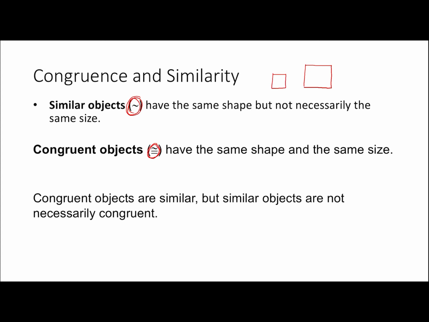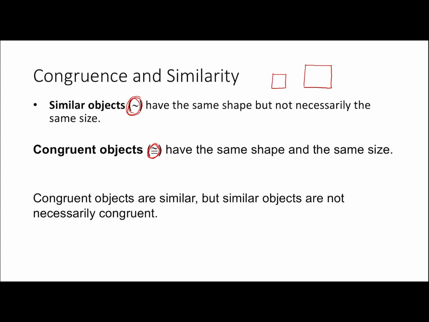And so when we talk about similarity, we use this symbol, this little squiggly line that represents similarity. We've mentioned before, if we're talking about congruent objects, we're going to use this sign. It's the equal sign with the squiggly line above it. And objects are considered to be congruent if they have the same shape and the same size.